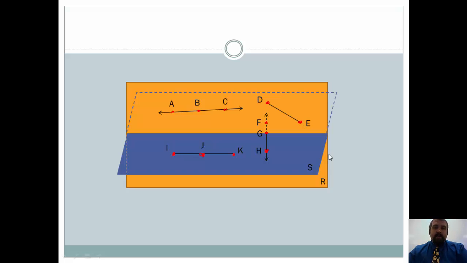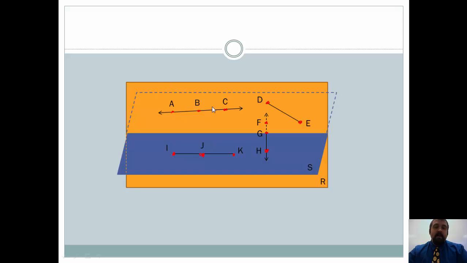They're on different planes. It's as if I drew two different lines on two different pieces of paper, and those two lines won't cross where the papers meet. Same idea here. These two lines will never cross, ever. Line DE and line IK. No matter how far I extend them, they will never cross.